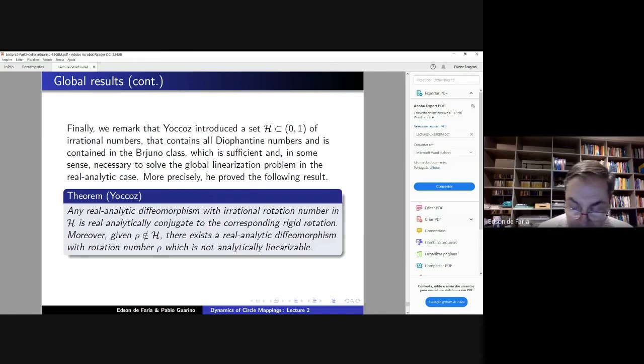So any real analytic diffeomorphism with irrational rotation number in this class is real analytically conjugate to the rigid rotation, okay? And he also showed that the result was sharp by building counterexamples if the rotation number is not in this class, okay? So this gives you essentially a complete theory for the smooth rigidity of circle diffeomorphisms.